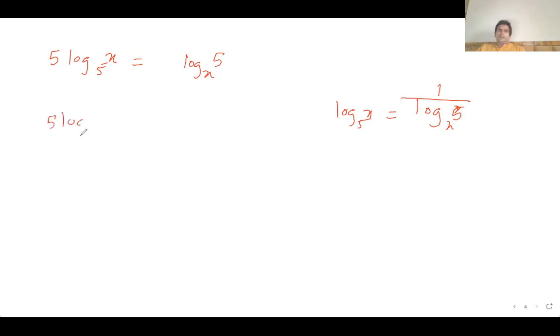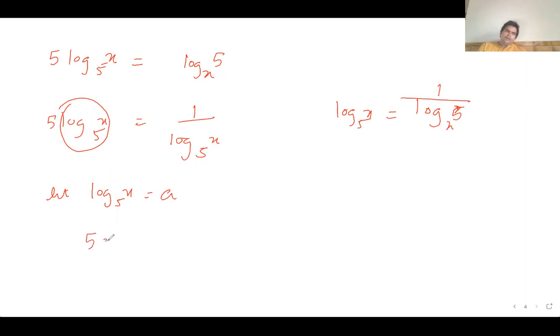So 5 log x to the base 5 can be written as 1 upon log of x to the base 5. Now take log x to the base 5, let's say, as a. So it's 5a equals 1 over a. So a squared is 1 over 5.